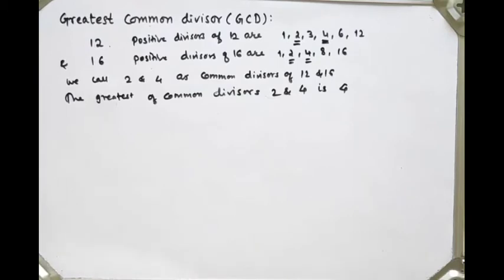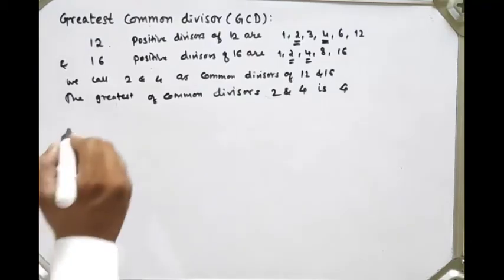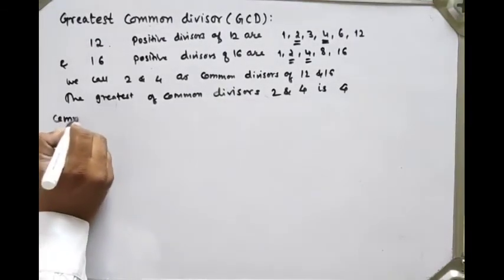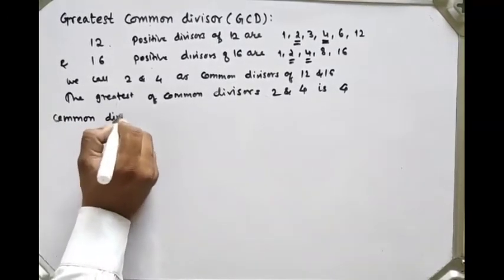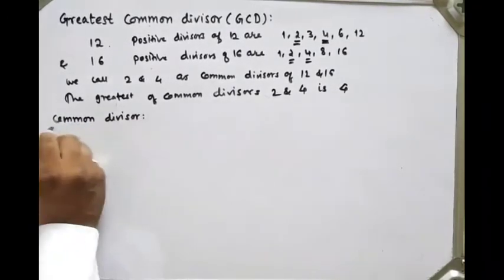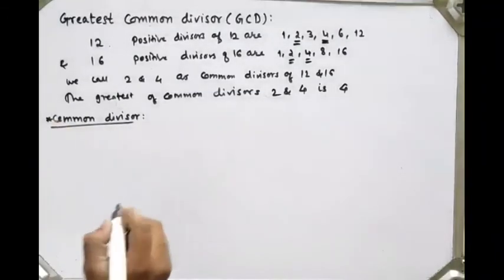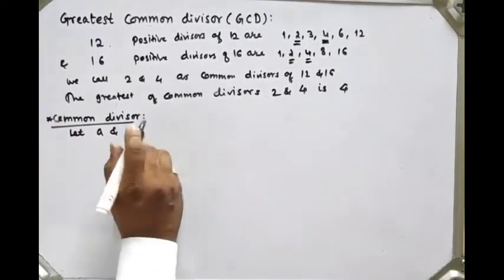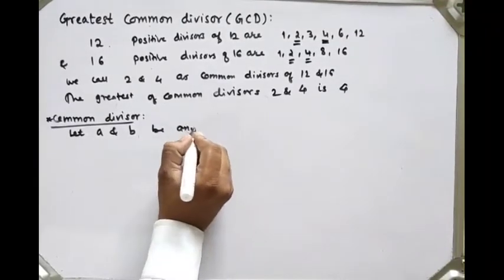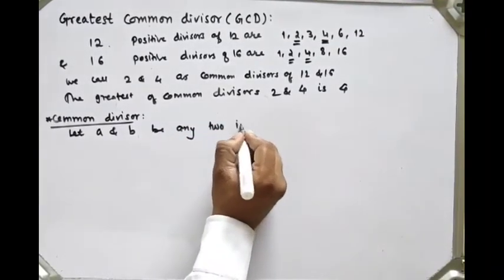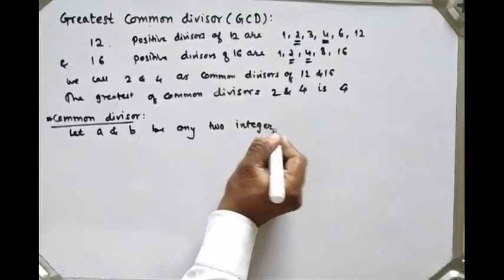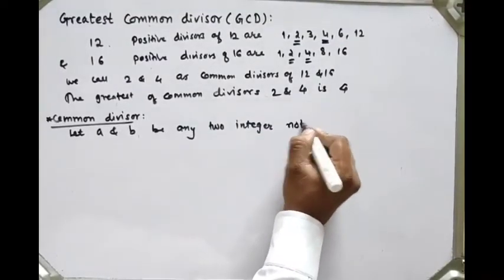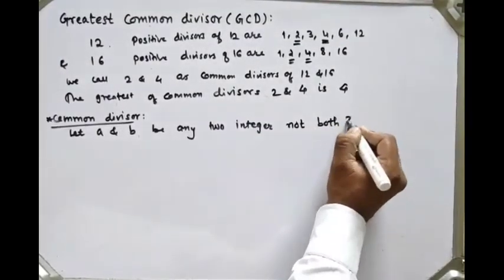Thus we have the following. First, see the definition of common divisor. Let A and B be any two integers, not both zero.